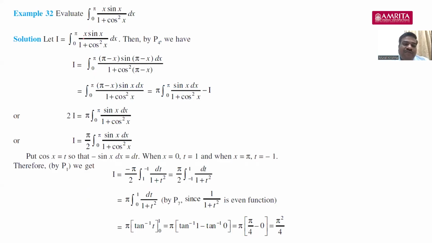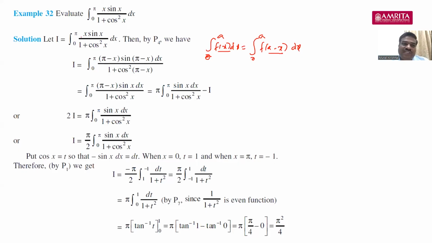You need to remember the property: integral 0 to a f of x dx is equal to the integral over the same limits of f of a minus x dx. See, I told you the function is flipped. This is a flipped function, this is a regular function.